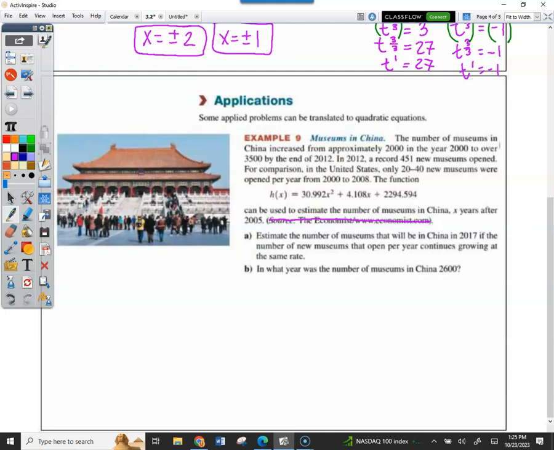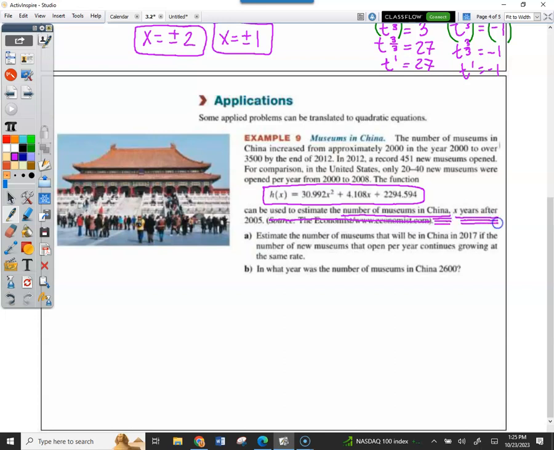Always go to the function, box it in, because that's absolutely necessary. Find what the variables stand for, underline them. This function represents what? They tell us. The number of museums in China. And then what does x represent? Years after 2005. That is also important.